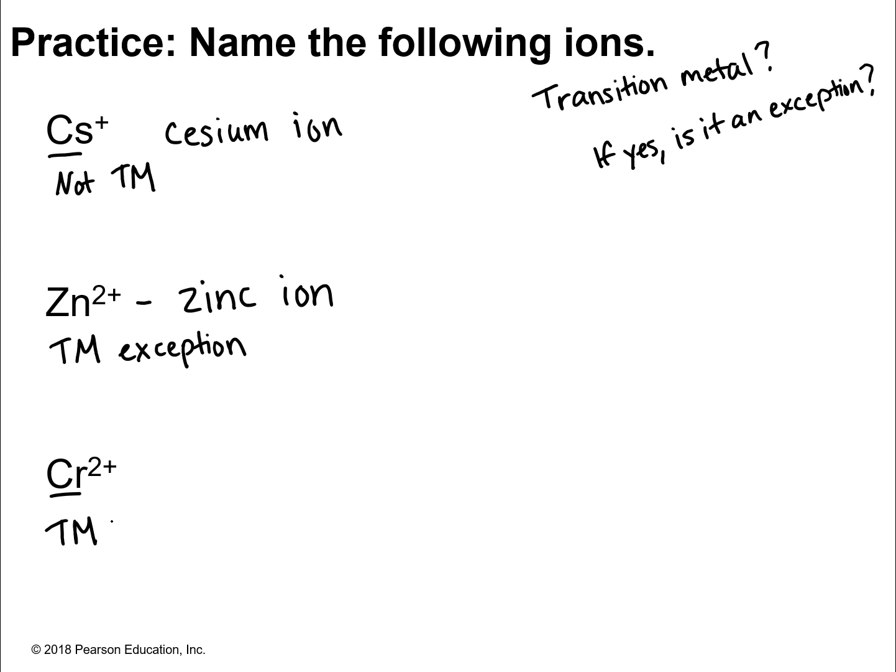It's not an exception, so we have to use the stock system. You write chromium, the charge as Roman numerals, and that's a 2.